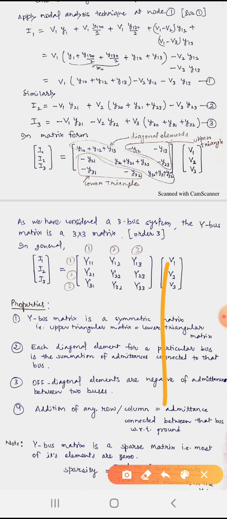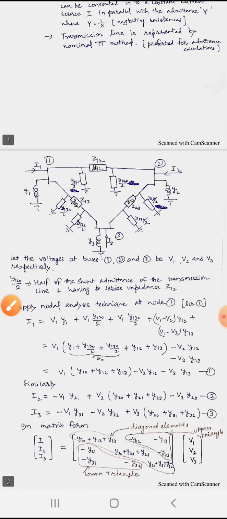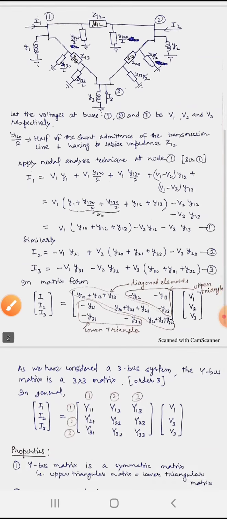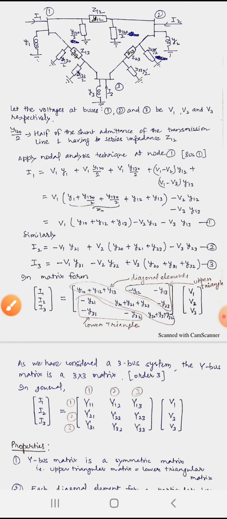So if you see here, for bus number 3, Y30 plus Y23, Y13, and the summation of Y230 by 2, Y130 by 2, and Y3, this Y3 is basically Y30.